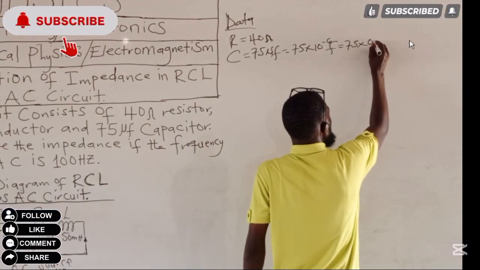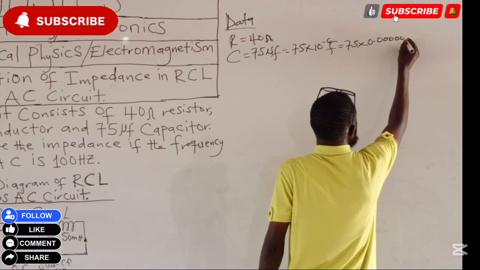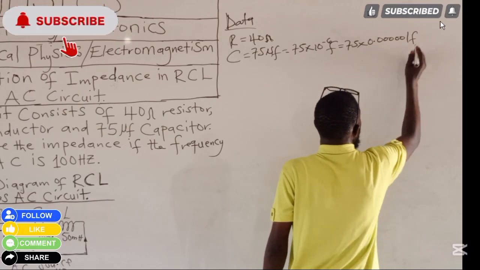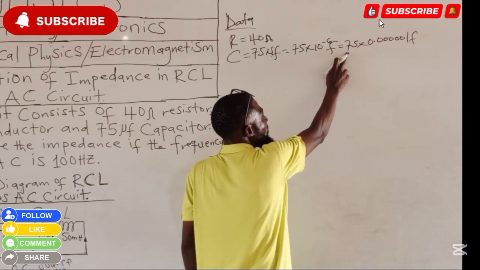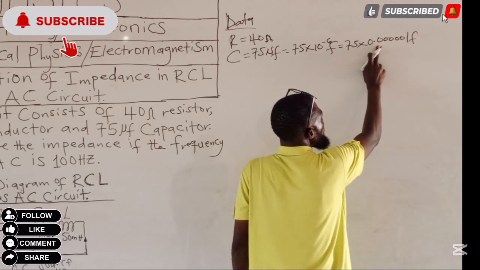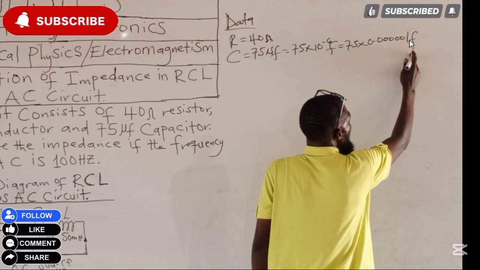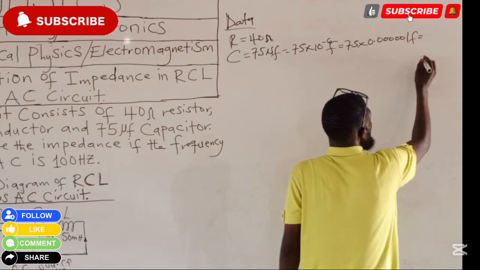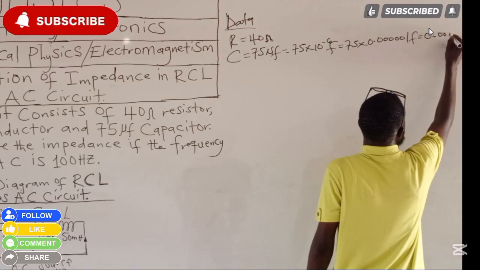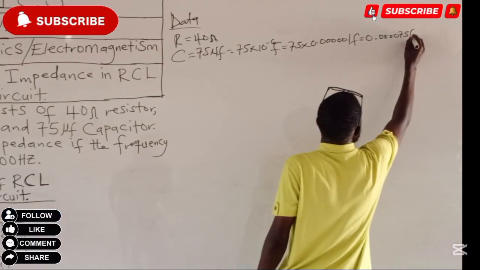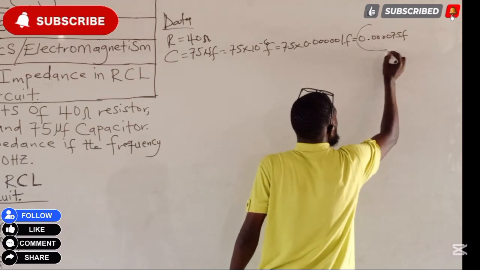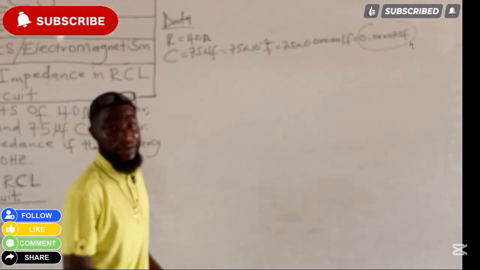So we say 0.000001 farad. So when we multiply 75 times 0.000001 farad, automatically we have 0.000075 farad. So we'll be using this to solve our problem.